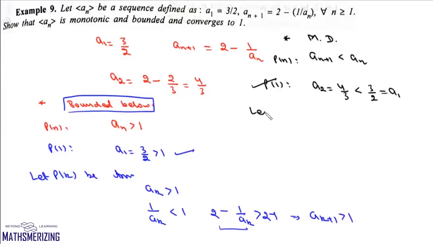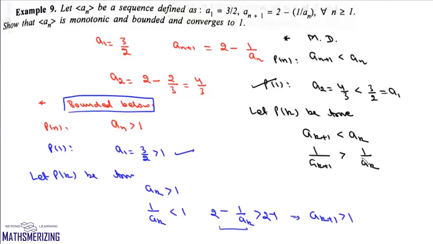Now second step, let Pk be true. Now if Pk is true, it means ak plus 1 will be less than ak. Now if we take a reciprocal, we can write 1 upon ak plus 1 will be greater than 1 upon ak.